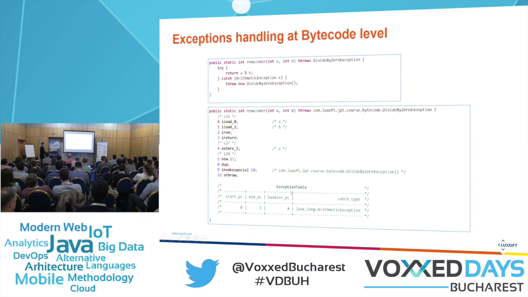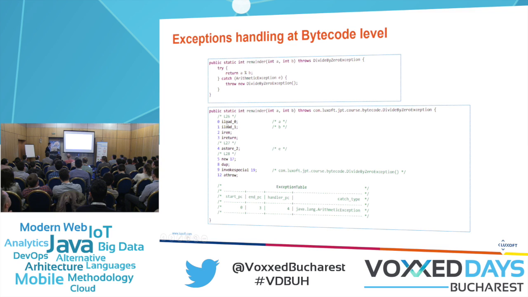If we focus on the exception table, it says mainly that any exception that occurs between 0 and 2, because 3 is exclusive, and if that type of exception is arithmetic exception, I have this handler for treating the exception.